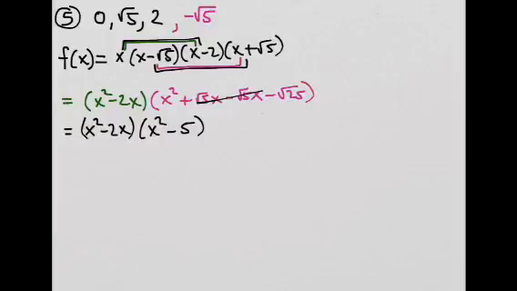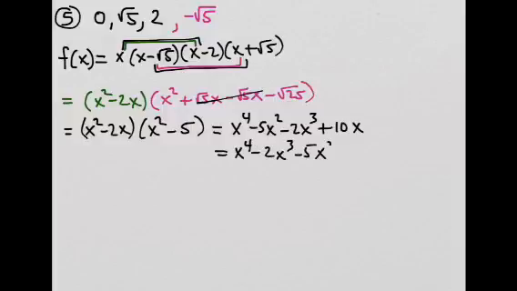So now I have another pair of binomials, so that's going to give me x to the 4th minus 5x squared minus 2x cubed plus 10x. Okay, so just put it in standard form. So x to the 4th minus 2x cubed minus 5x squared plus 10x. So this is the polynomial that would give you these zeros up here.